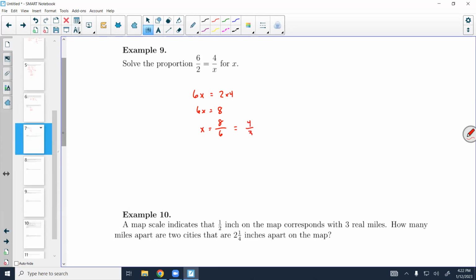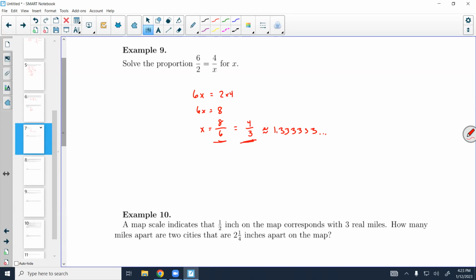And I would definitely not go to decimal form if it doesn't say to, because in most cases, when we're going from fractions to decimal, the decimal is rounded at some point. So it's not as precise. This is the exact answer.